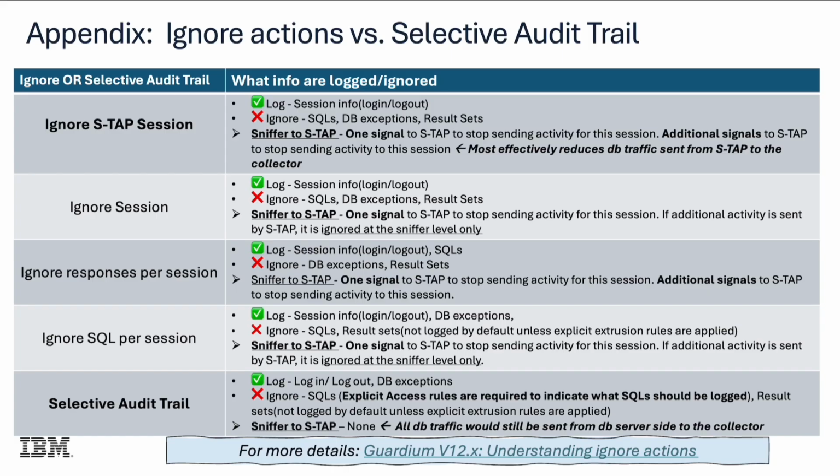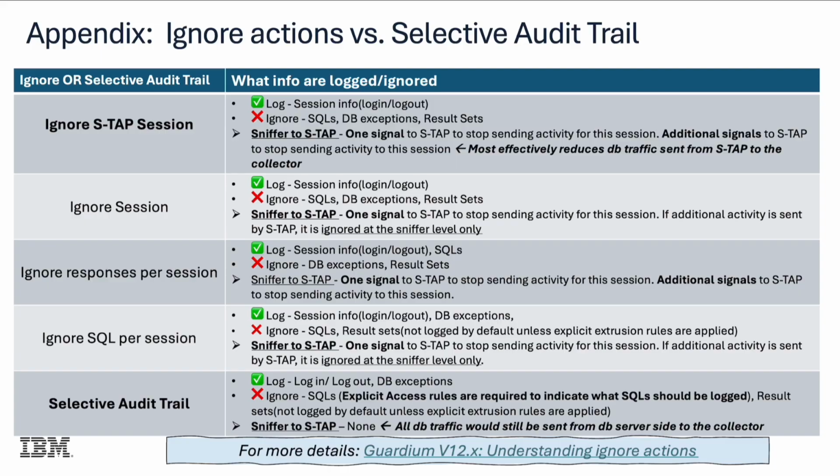I also attached a table comparing the ignore actions and the selective audit trail option. So to sum up, if you want to reduce traffic from STAP, use ignore STAP session on trusted connections. If you want to cut down SQLs logged into the collector, then use a selective audit trail policy with properly defined access rules for logging.